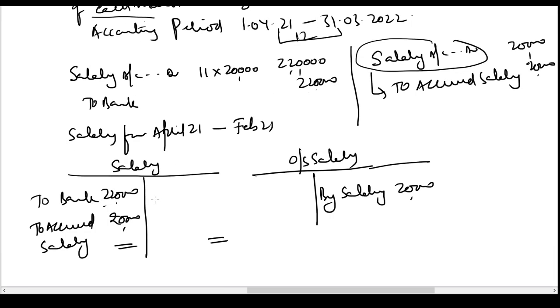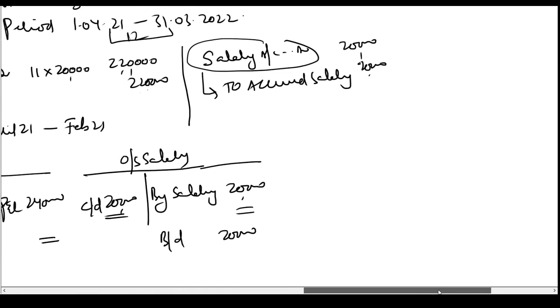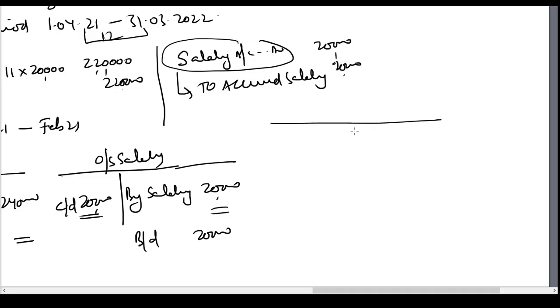It will be transferred to P&L account. We'll write by P&L account 2,40,000. This account will continue to show a balance because it's a liability. It cannot be closed. 20,000. So how do we deal with it in my final accounts?